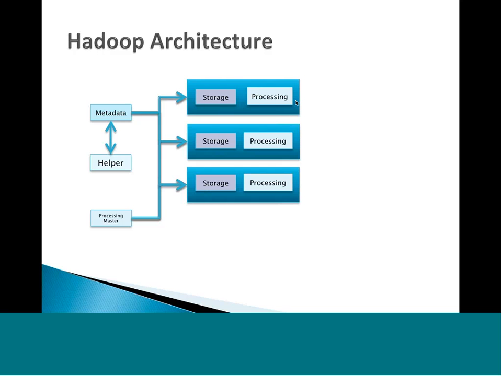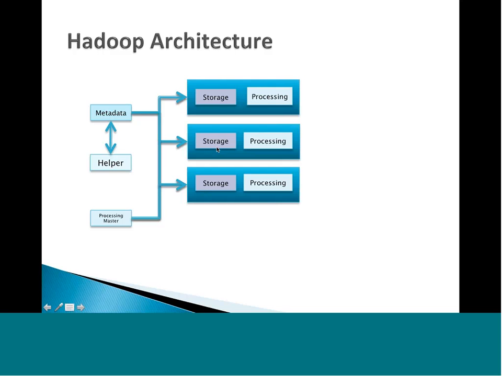Okay, and this is how a typical Hadoop cluster will look. There will be many nodes; you can term them as slaves or agents. Each slave will have storage and processing configured on it. And then there will be masters: this is the master for storage, and this is the master for processing.